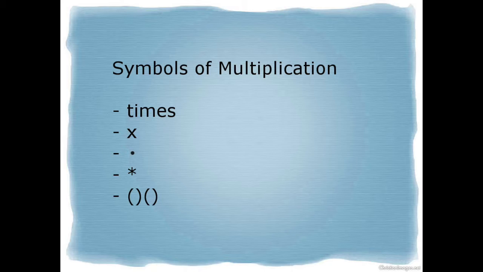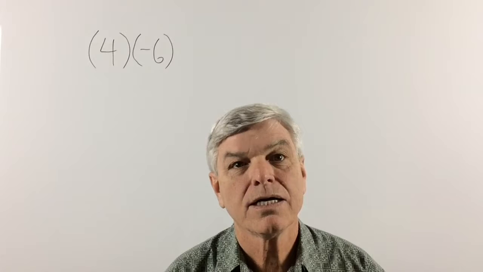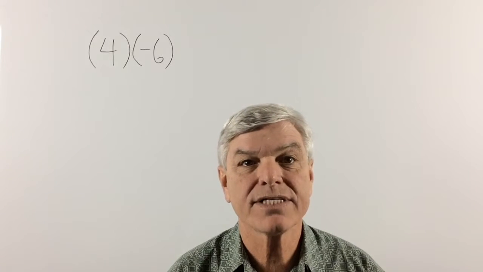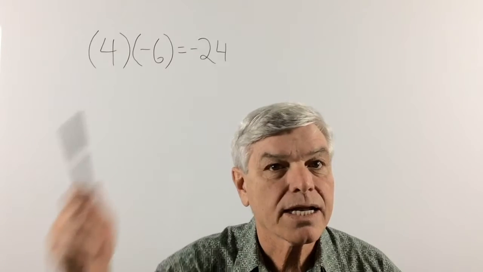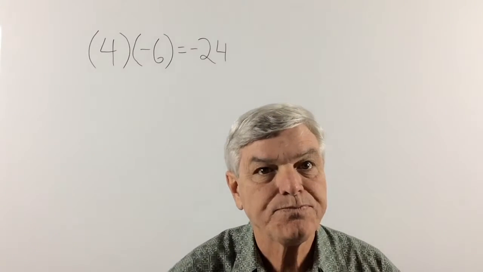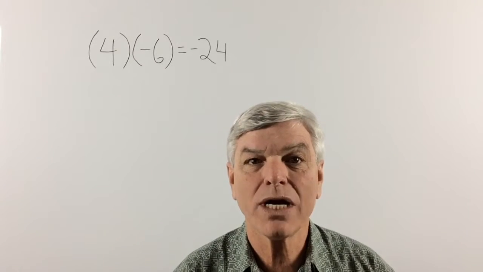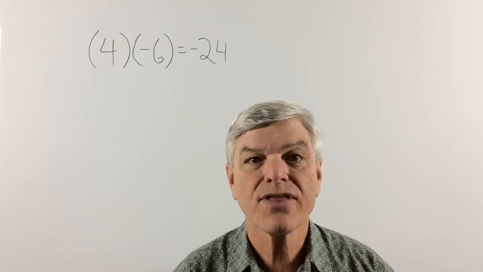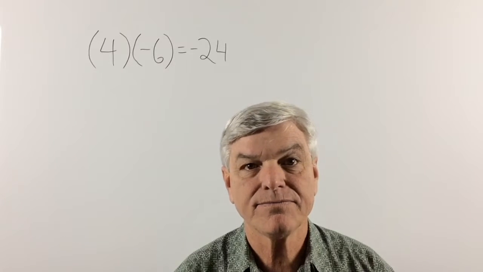Or we can enclose two numbers in parentheses, and if the parentheses are attached to one another like you see here, it means that we are to multiply the numbers inside those parentheses. So we have 4 times negative 6, and that will be negative 24. As you saw, there was one negative in the problem, so the answer will have a negative.